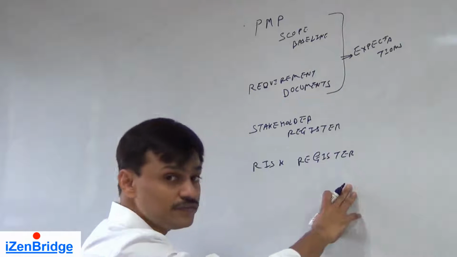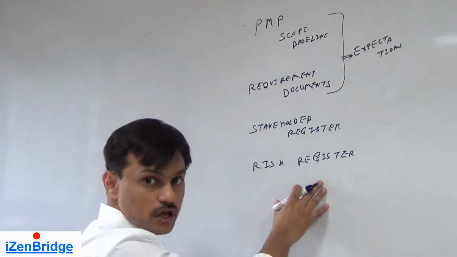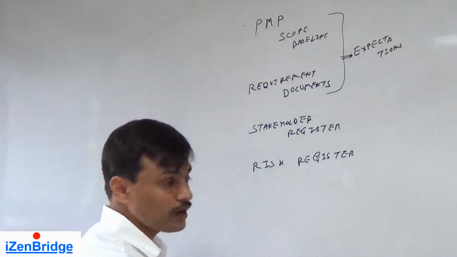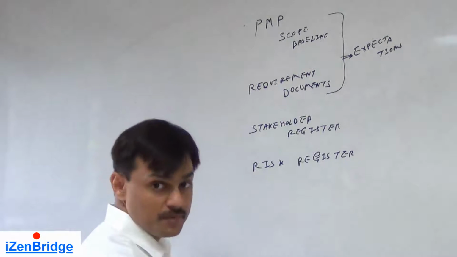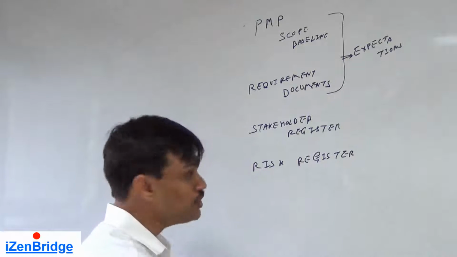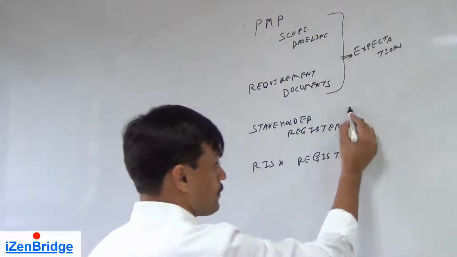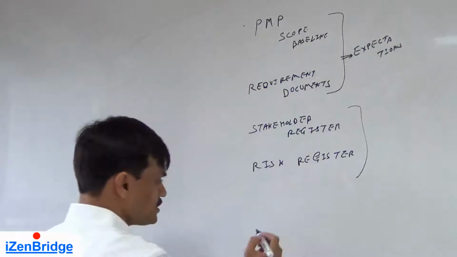For example, if this particular contract or project involves a $1 million penalty on non-conformance of a given quality parameter, your complete approach for quality planning would be different. So we need to look at the risk register and stakeholder register, because we are planning about quality.